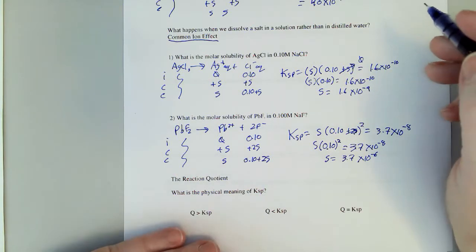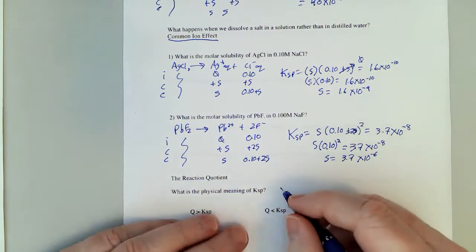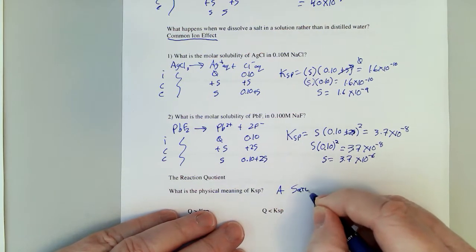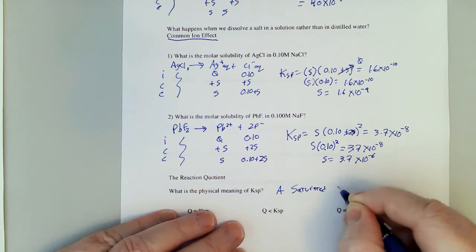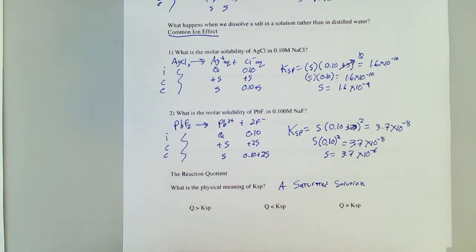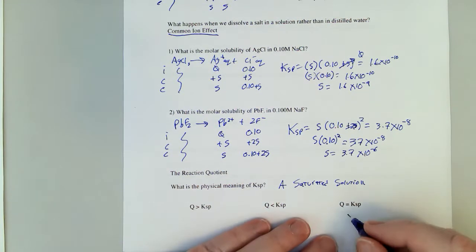Okay, so what was the physical meaning of Ksp? A saturated solution. What is a saturated solution? One where there is an equilibrium between undissolved solute and dissolved solute in the beaker. So, Q equals Ksp means you have a saturated solution.